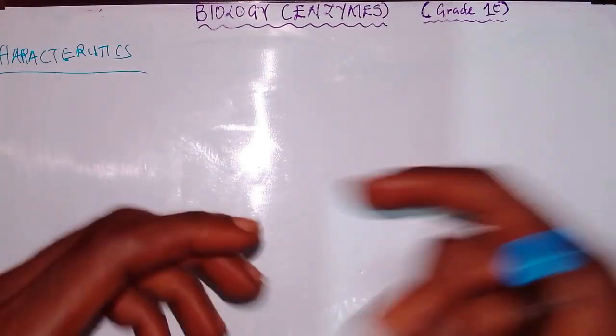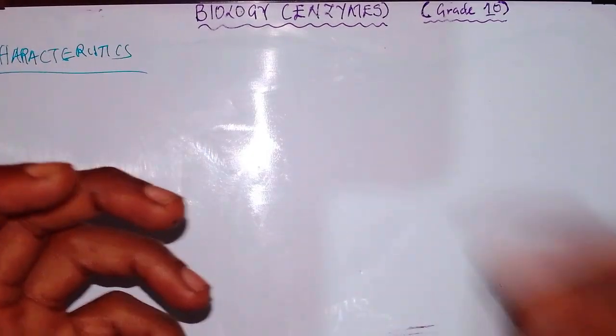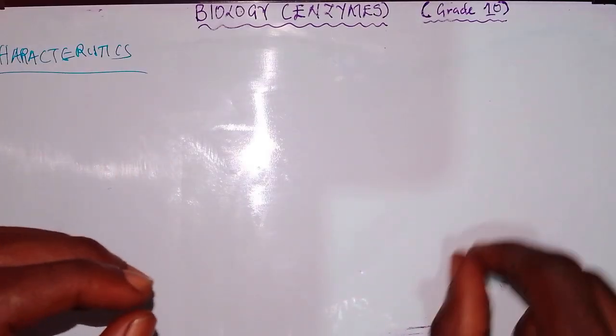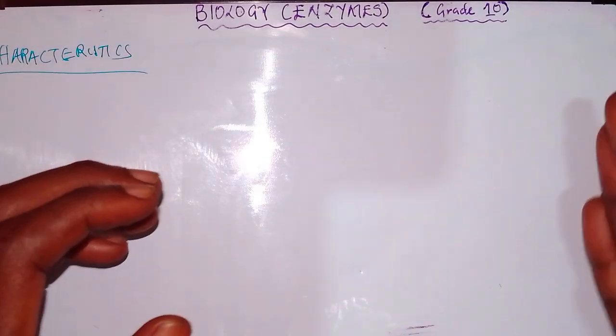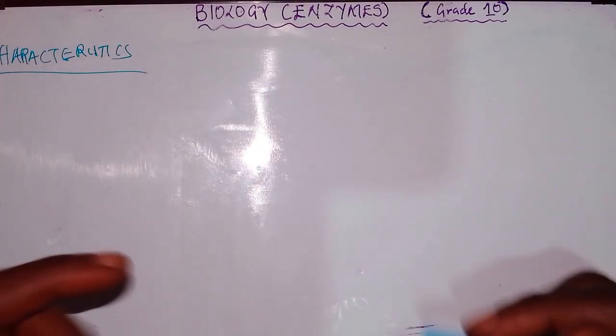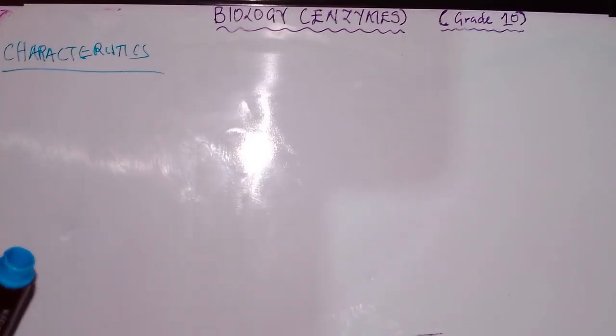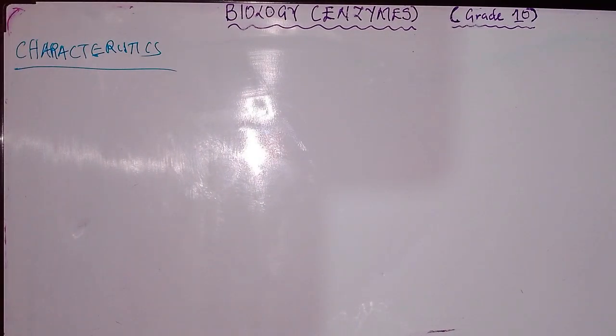Characteristics are things which differentiate something from the other. So in our case, these are the things which will differentiate an enzyme from other substances. So what is the first characteristic? Most enzymes are protein in nature.